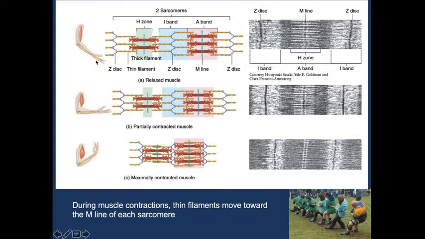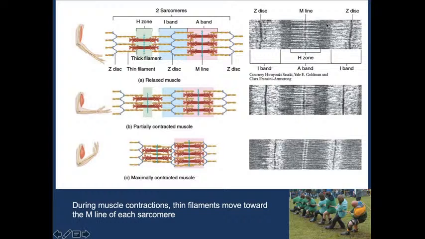This is a relaxed muscle you see here, and the elements overlap only in a small part. During muscle contraction, thin filaments move toward the M line of each sarcomere, like here or like here. This is a maximally contracted muscle, and it is also visible in electron microscopy.